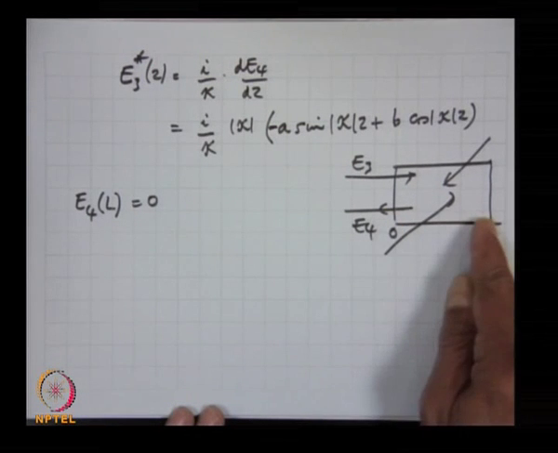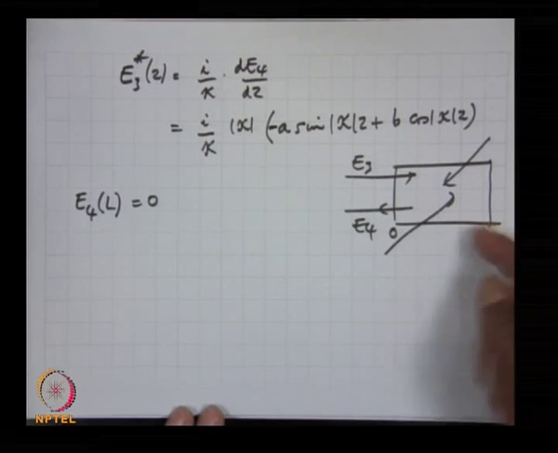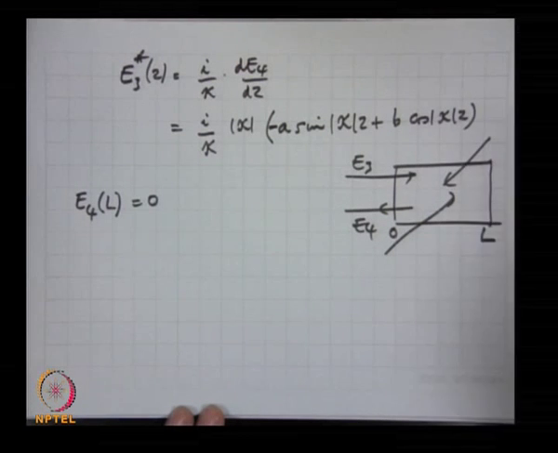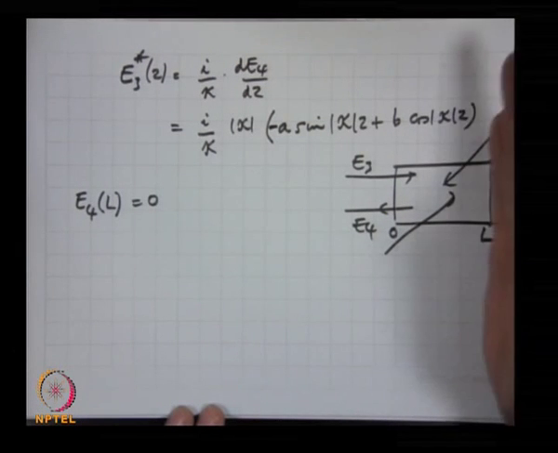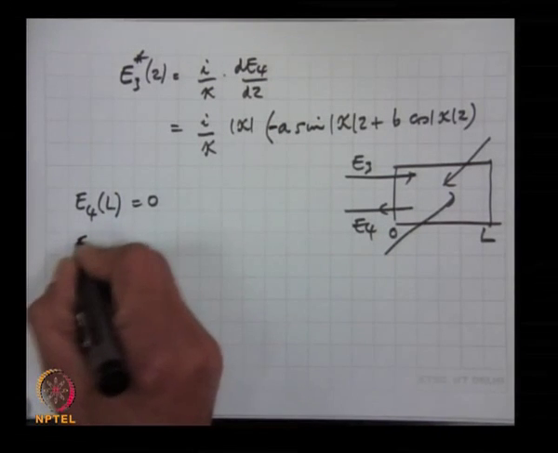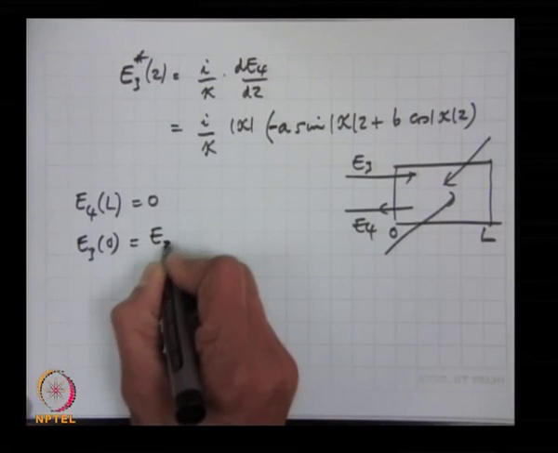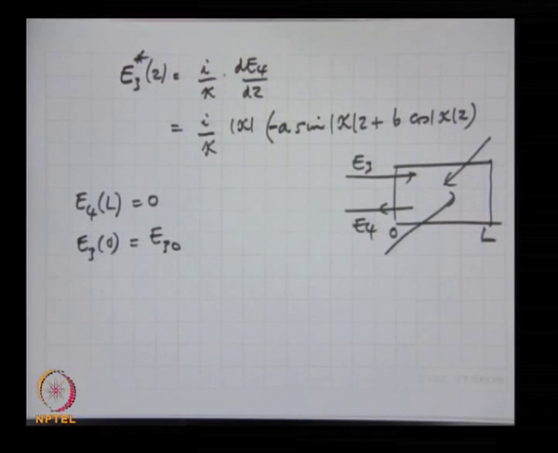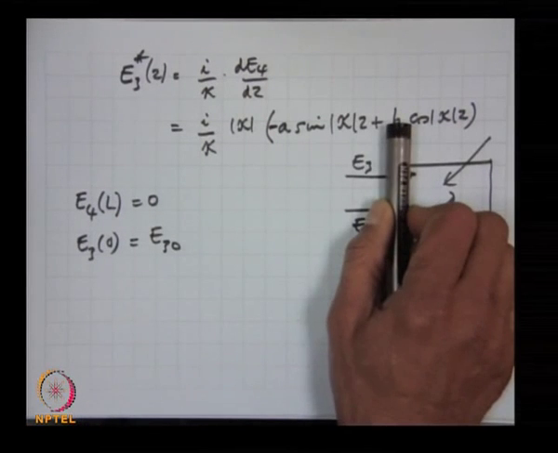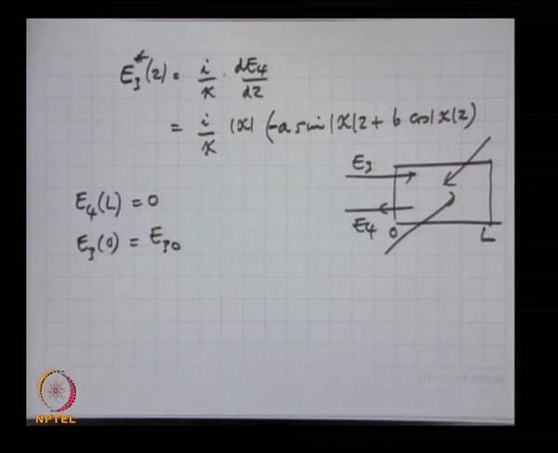All the backward wave gets generated at points less than L. So any wave at L should have come from beyond L, and there is no medium beyond L, and so there is no electric field E4 at L. And of course, E3 of 0, which is the wave which I am sending, say E3 0, is the electric field of the incident wave at this plane, and so I can substitute these boundary conditions.